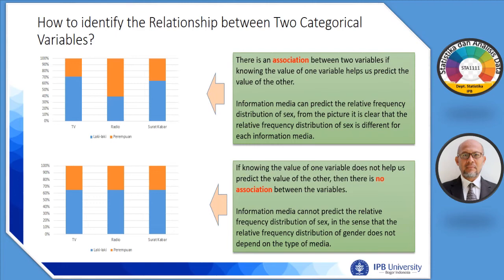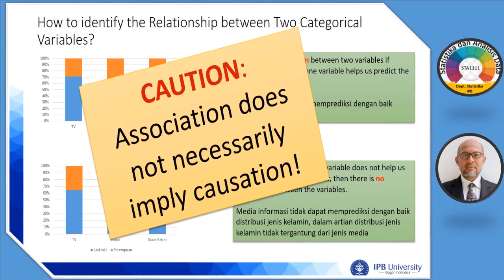So, I hope it's clear what the association between two categorical variables means. But remember, we are just talking about association. You have to remember that association does not necessarily imply causality.